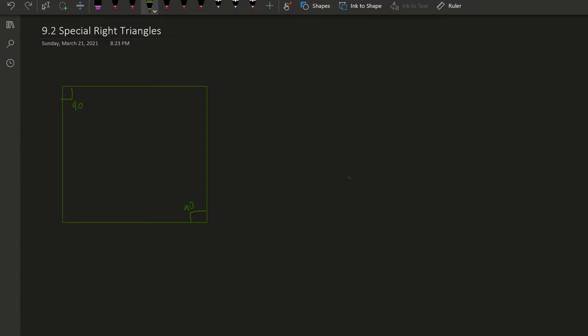So what I'm going to do here is let's assume that each side of this square is 1. If I draw the diagonal here to create a triangle, I get a right triangle, and I'm going to move this over here. And this is our first special right triangle.